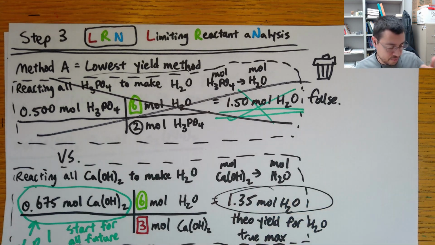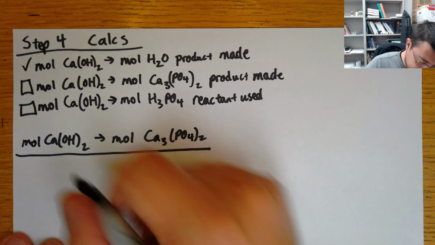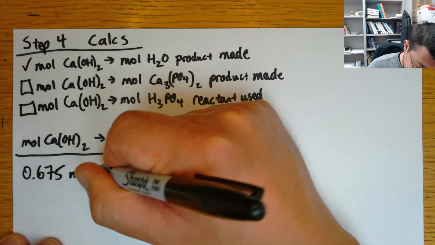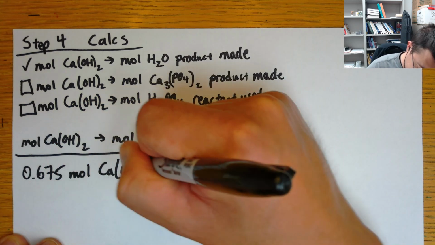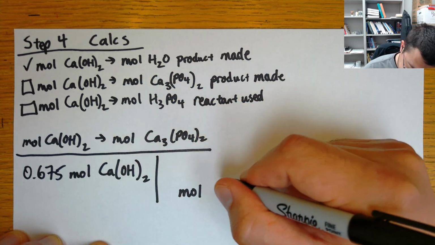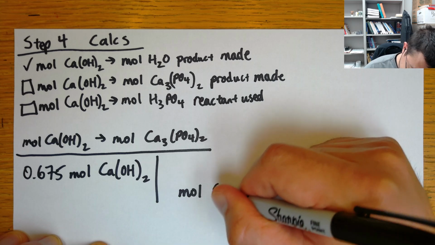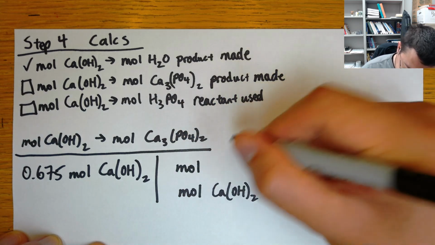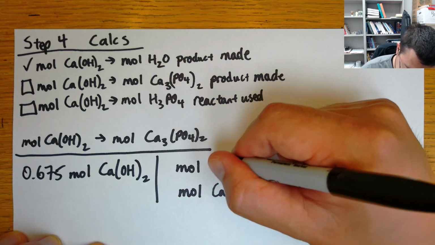Basically, when in doubt, in these stoichiometry problems, balance the equation, get everything to moles, use limiting reactant for everything. And then we wanted calcium phosphate.